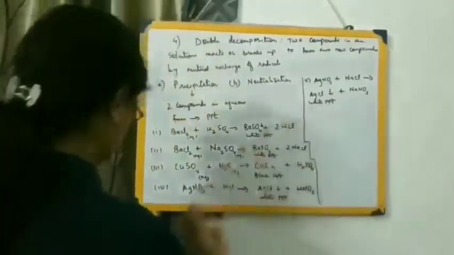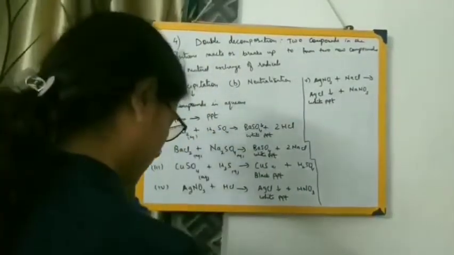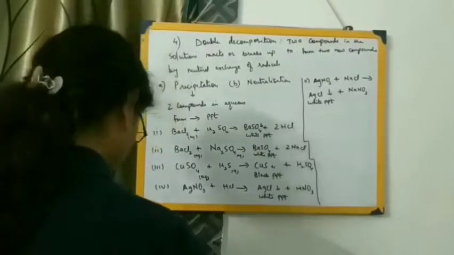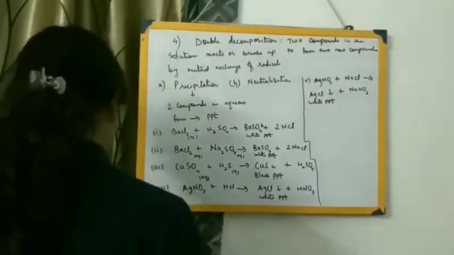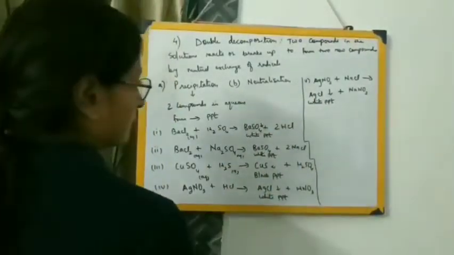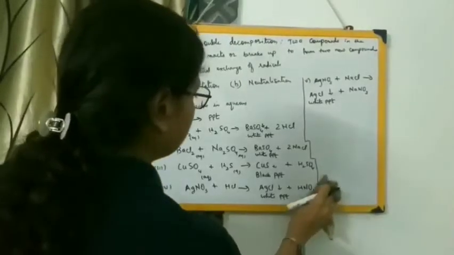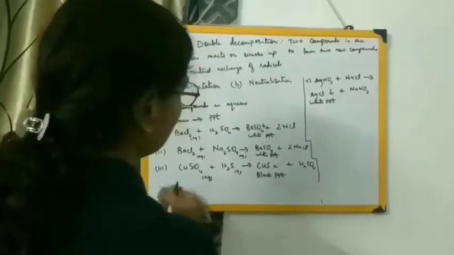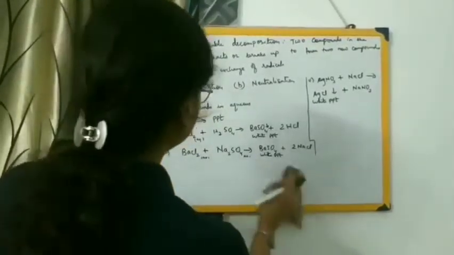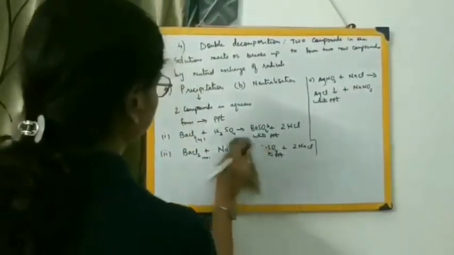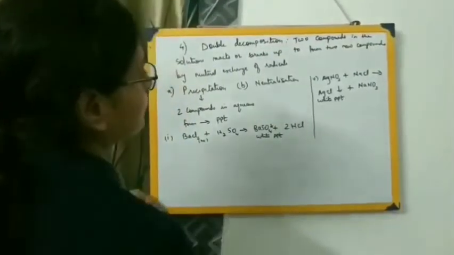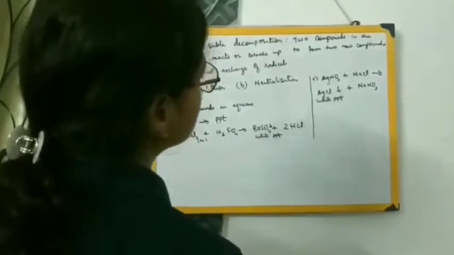So let me show you what exactly is happening in the case of this precipitation reaction. Let's take this example and let me show you how the radicals are exchanged. Look here, I am taking the reaction of AgNO3 plus NaCl.